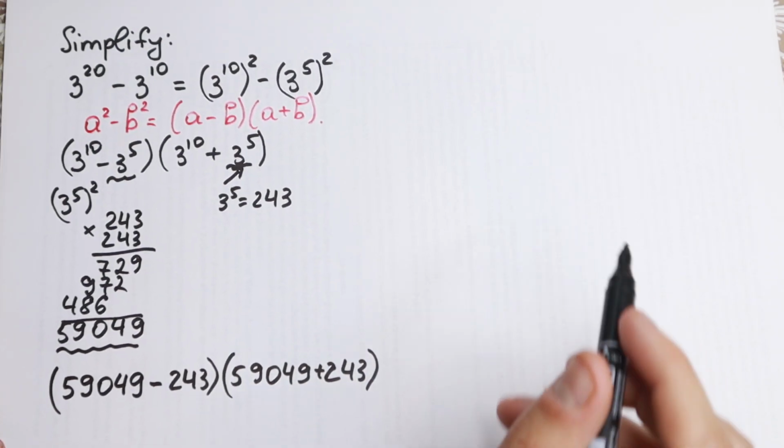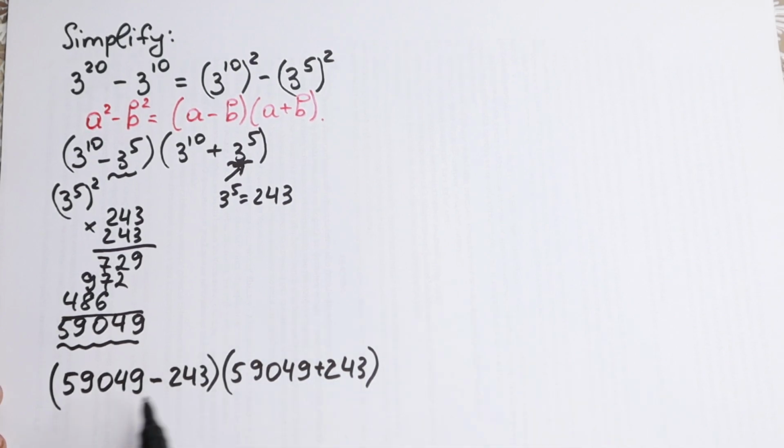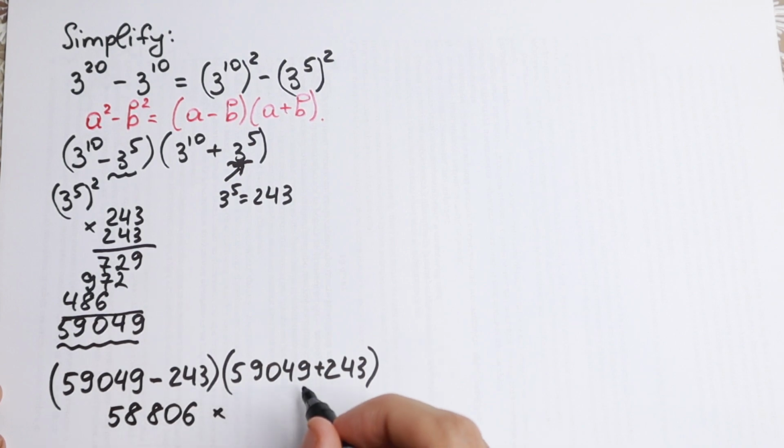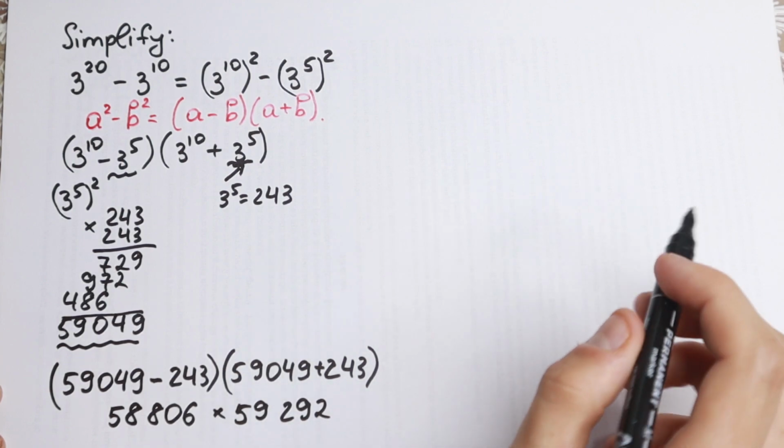How can we do this? Firstly, we can easily find this subtraction. If we subtract this from this one, we will have 58806, and we need to multiply it by, right here we added, 59292. So I hope you understand this step.